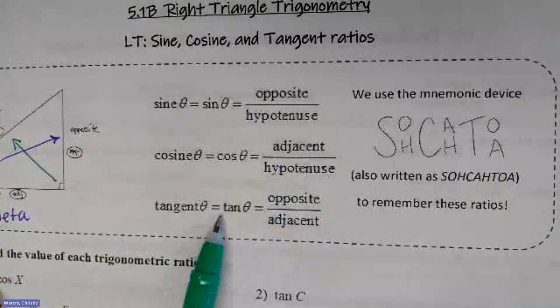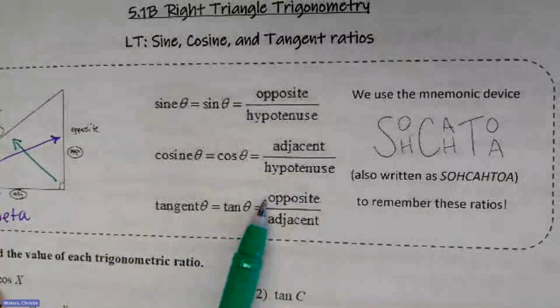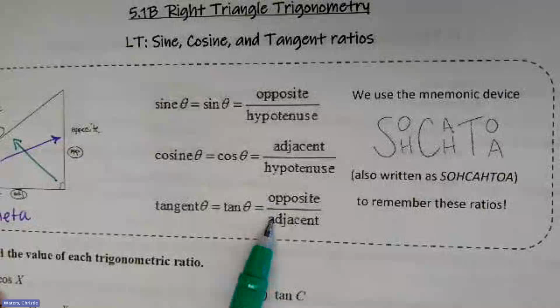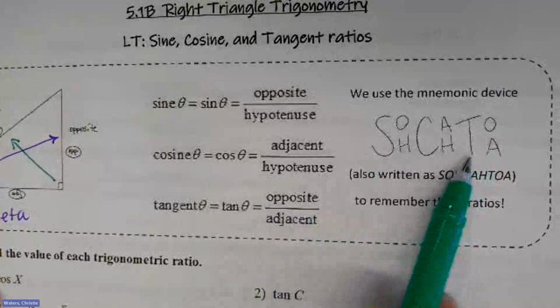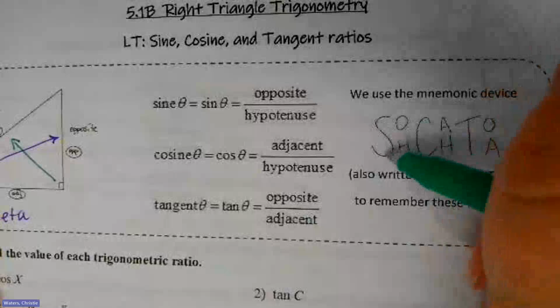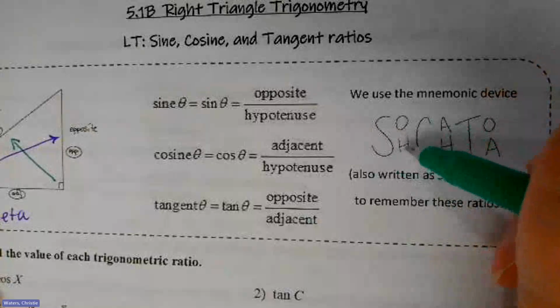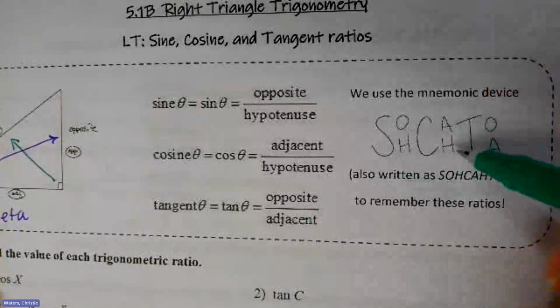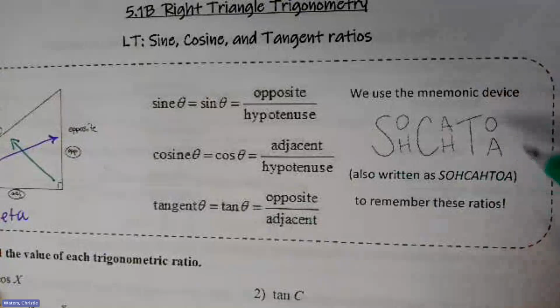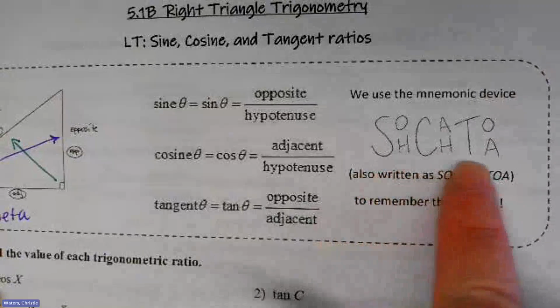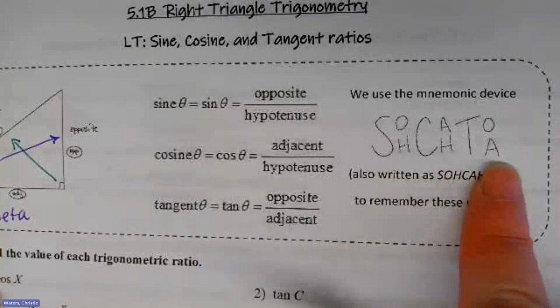And our tangent ratio, TAN, is our opposite side divided by our adjacent side. We use this to help us remember all the ratios. So sine is opposite over hypotenuse, cosine is adjacent over hypotenuse, tangent is opposite over adjacent. So this is SOHCAHTOA. That's how we read it, SOHCAHTOA.